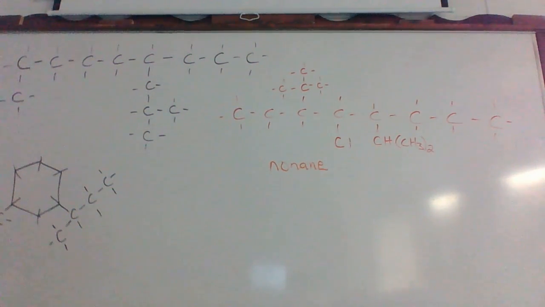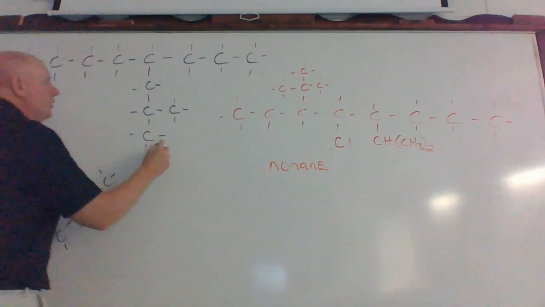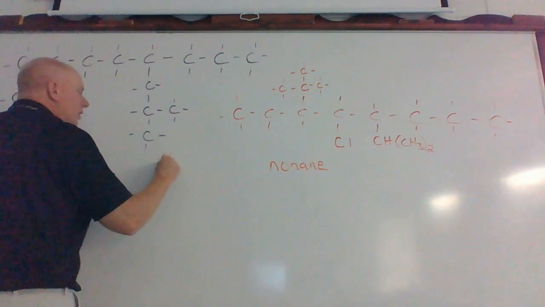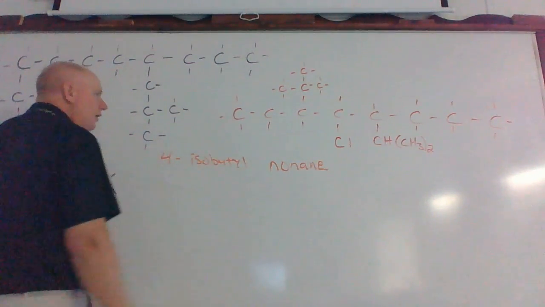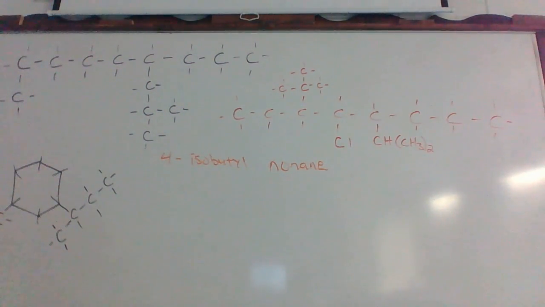It is an isobutyl group. Okay? So we've got 4-isobutyl nonane. Now, typically last year what I would do is I'd make these all 10 carbon compounds, so then there's maybe a little more concrete. You specifically got one answer every time.